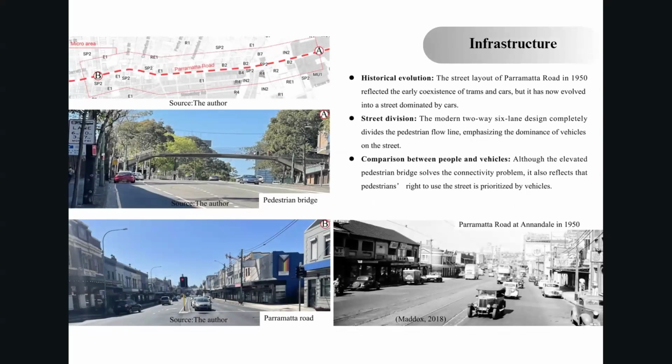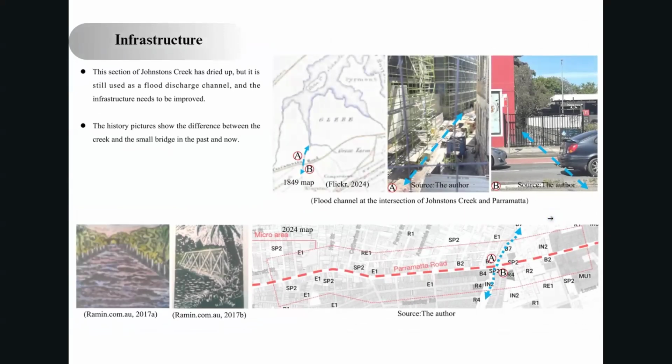This historic picture and modern picture show the process of historical change from the previous horse-drawn carriages and trains to today's cars. The pedestrian bridge on the road shows that people are no longer the masters of Parramatta Road. The streams and gurgling waters of the past have become dry and lively today.